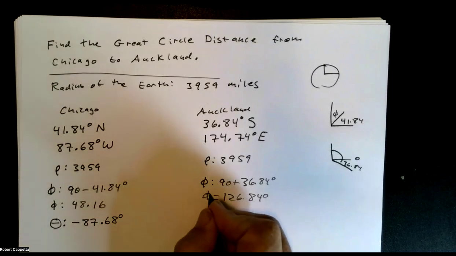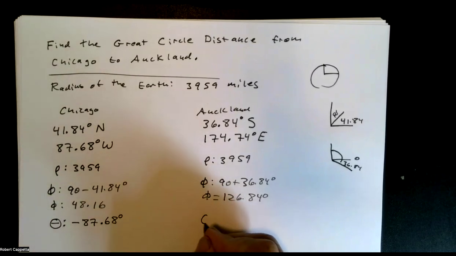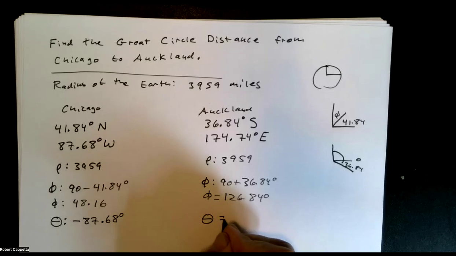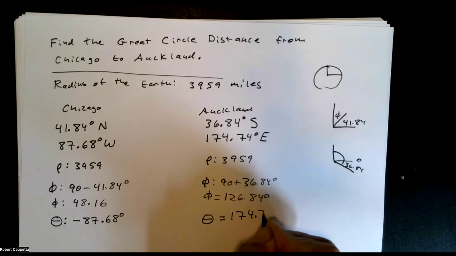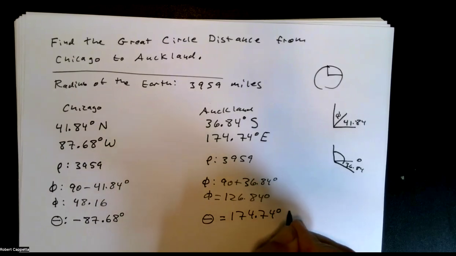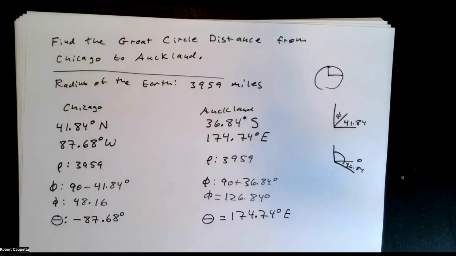And in the case of Auckland, east would be considered positive. Theta would be 174.74 degrees east. So that's how we can measure phi and theta in terms of degrees. We can easily convert those to radians to make it work with our model. But that's what we're starting with.